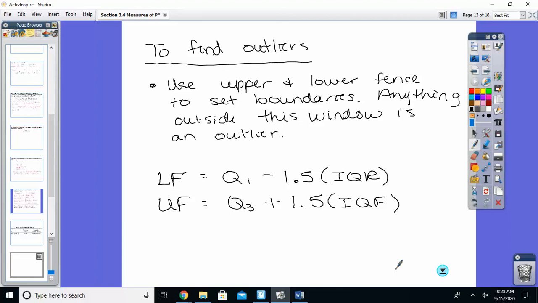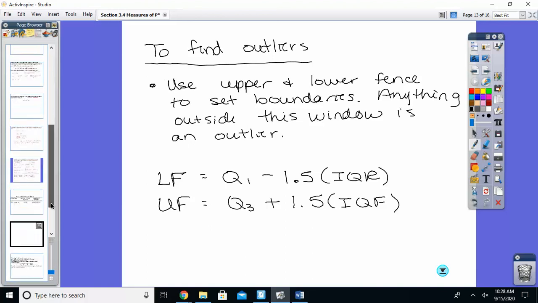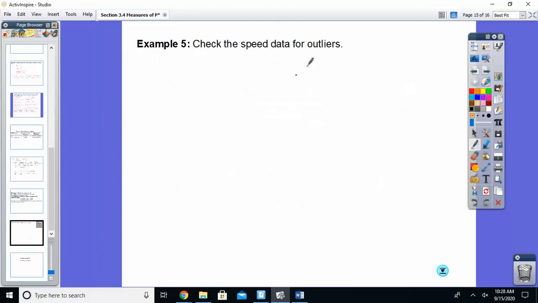So let's use our speed numbers. Let's use the set of 15, the one that included the 100, and find any outliers in it. So what we have to do is find the upper and lower fence. So the lower fence, we just wrote down. That's Q1 minus 1.5 times the interquartile range.